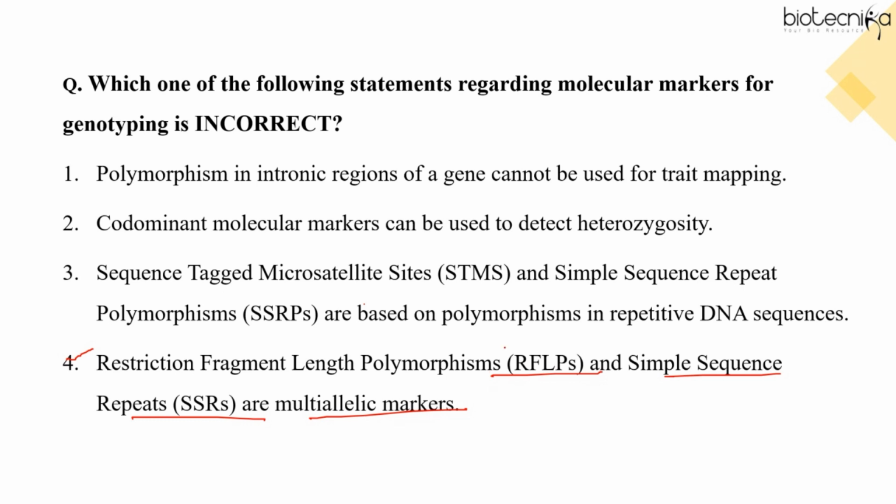Read the question carefully. You can only answer this question if you are thorough with the basic concepts and the terms. You should know what codominant molecular markers are, and what polymorphism is. You need to know about the molecular markers mentioned in this question: RFLP, SSR, STMS.